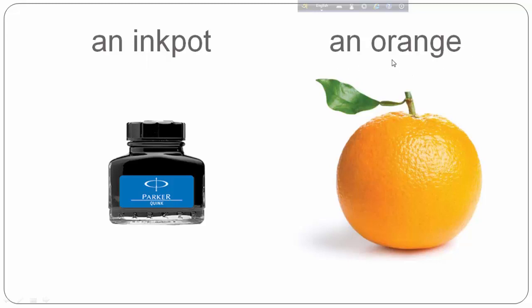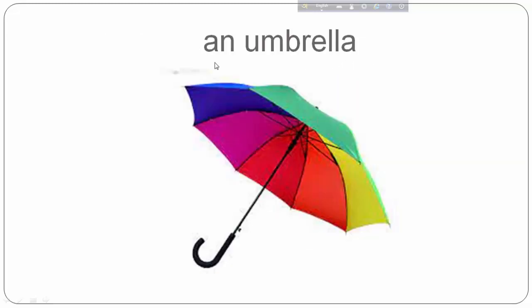Orange, the word starts with the vowel sound O, so we use article an. Umbrella, the word umbrella starts with the vowel sound U, so we use an.